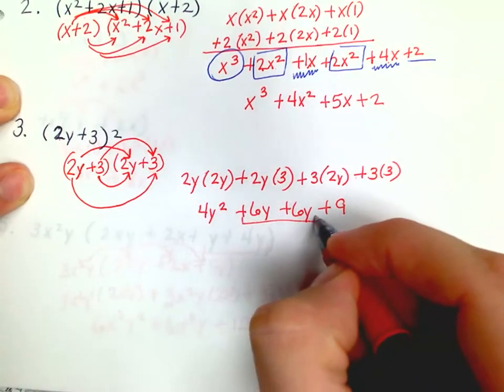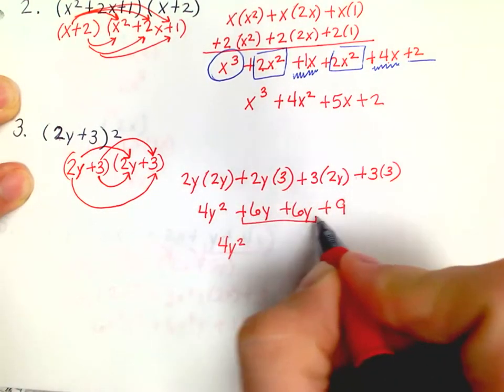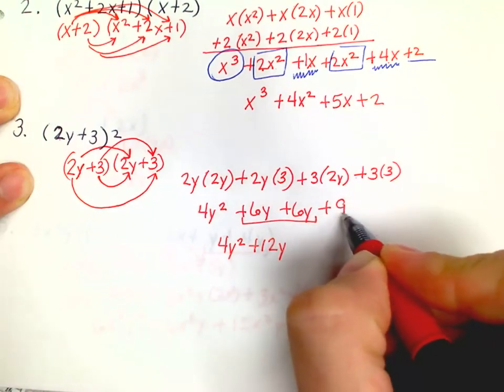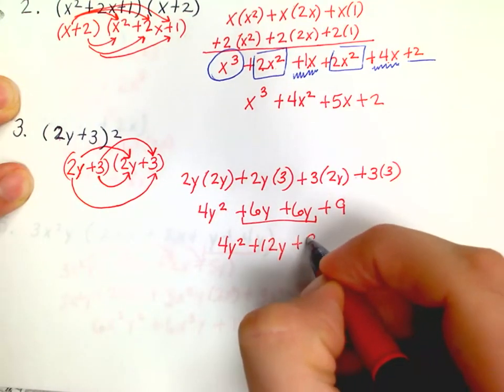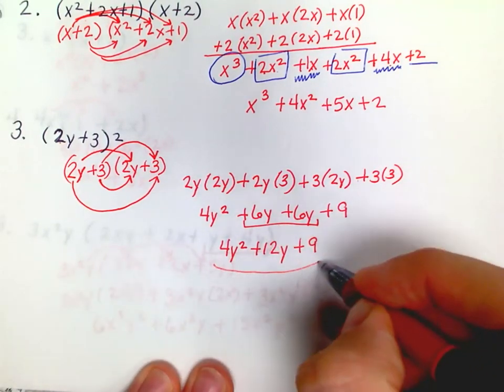This 6y plus 6y, we have 4y squared plus combining those gives us 12y. And then finally that 9, bring it on down. And as you can see, we cannot simplify anything because we have y squared and y's, and then we have just a plain number. So this will be our answer.